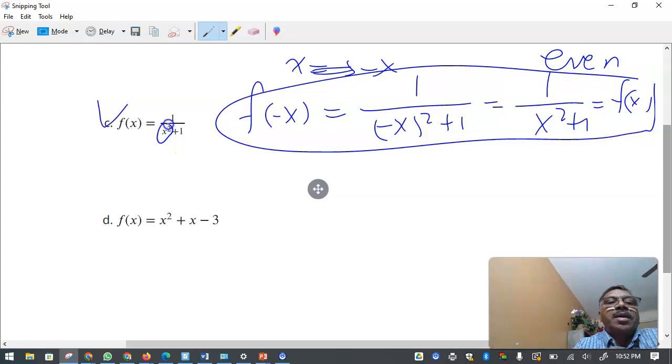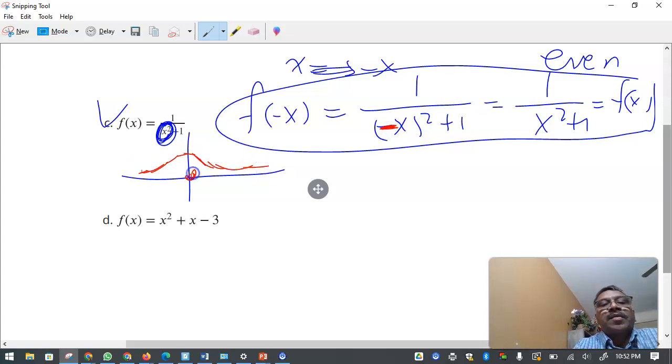By looking at it you know how the graph behaves. This minus sign vanishes and you get back the original. If you see the Desmos graph, it's something like this. When x is 0, it's 0, 1 here.